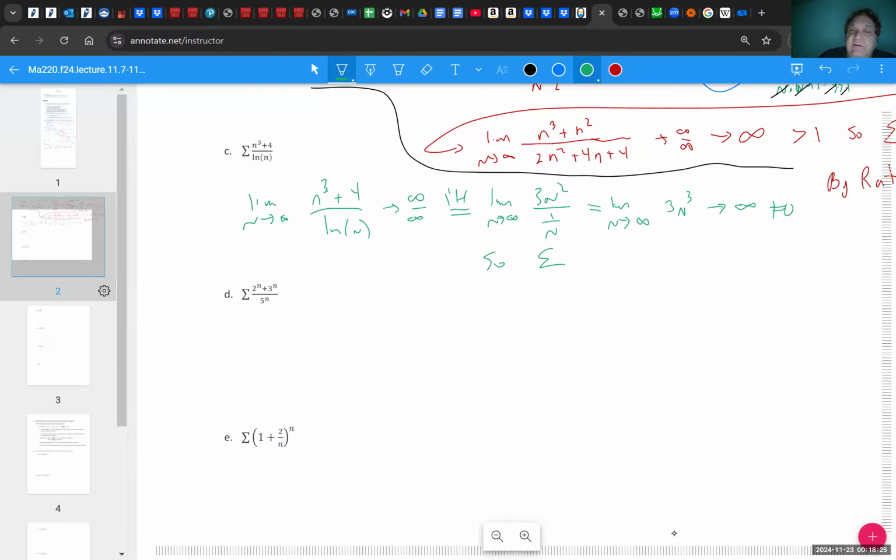So this series of n cubed plus 4 over ln n diverges. And what's my justification? The divergence test. My limit was not equal to 0, so I'm done. I know this diverges. Probably easier than doing a comparison test or something else like that.